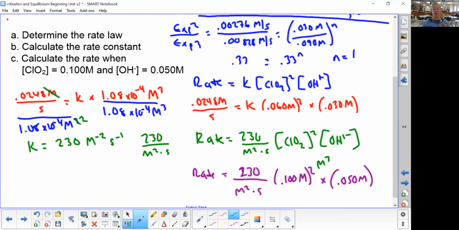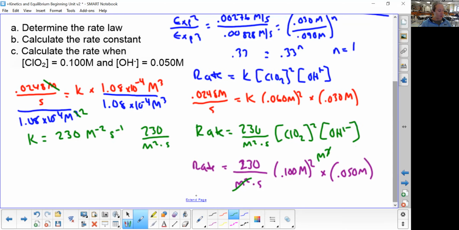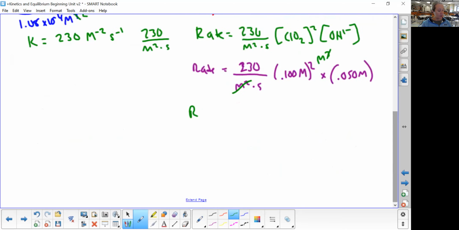Rate should be molarity per time, which we do get here, because two of the molarities cancel, and you're left with molarity to the first. Numerically, the rate for this one would be 0.115 molarity per second. So that is one more example showing you what happens if you have a square there. And if you had a 0, then you just wouldn't include that one.